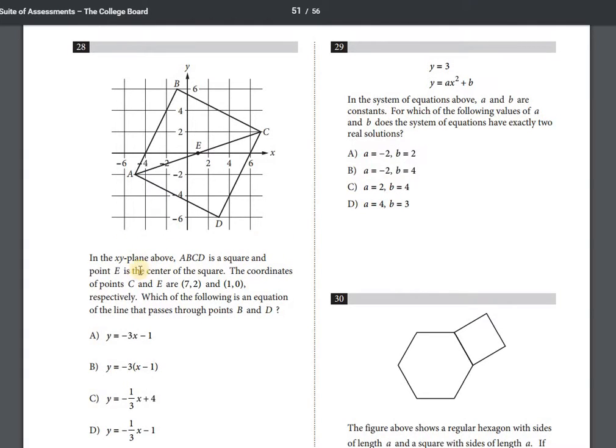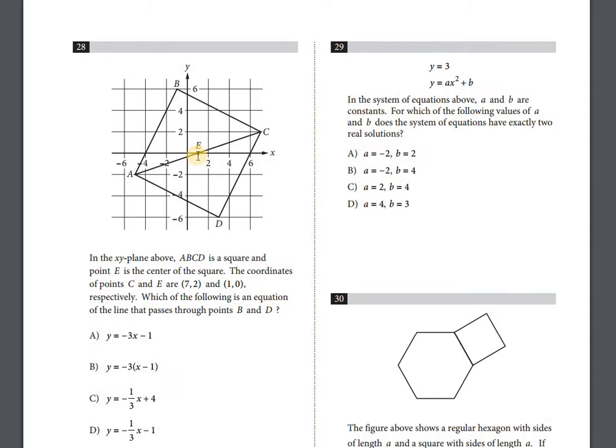So the question is, in the XY plane above, ABCD is a square and point E is the center of the square, and then what's given is the coordinate of point C and the coordinate of point E, which is the center.